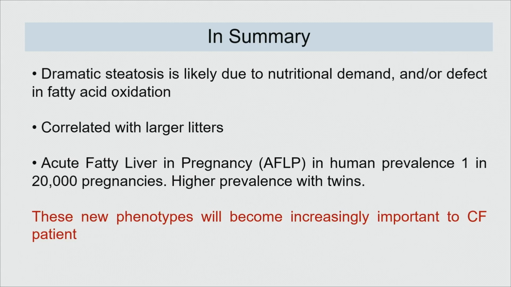Acute fatty liver in pregnancy in the normal human population is rare, and there is no report in the CF population yet. So I think with the increasing number of pregnancies, this may be clinically important for monitoring this complication.